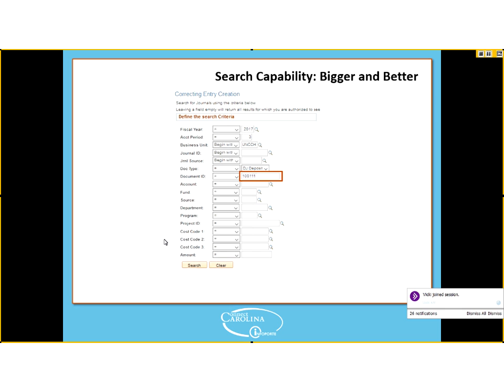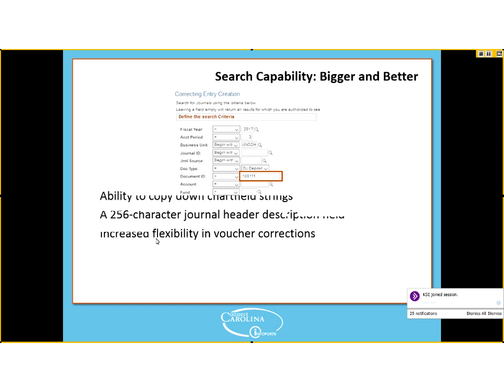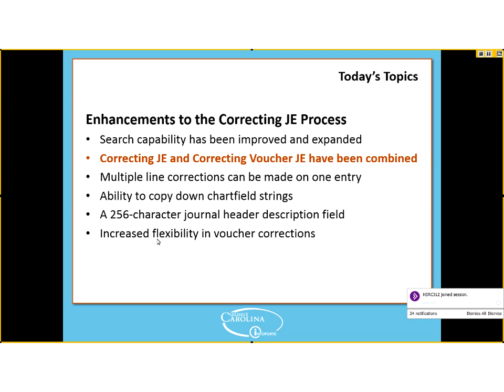And below that, in the document ID field, I can enter my deposit ID number. And at that point, my search results should just return the lines associated with that particular deposit. So we can be much more targeted in our searching for the lines that we want to make corrections on. So that's a nice feature we're excited to share with you.